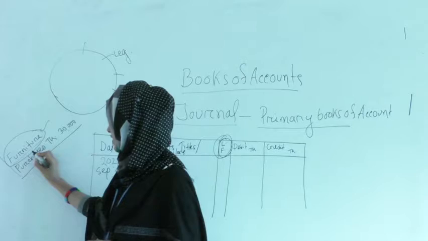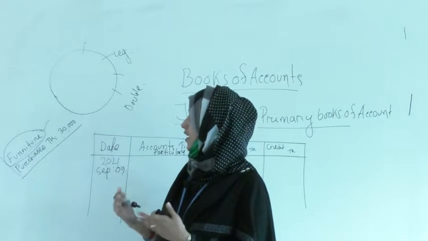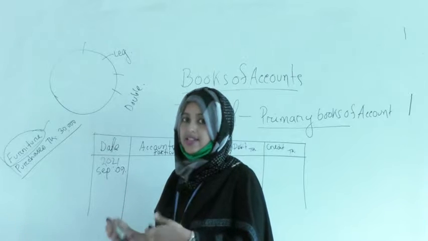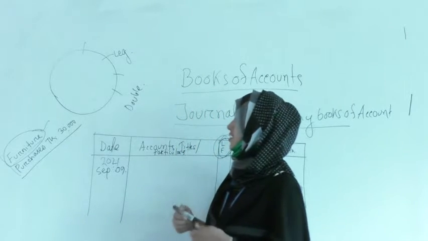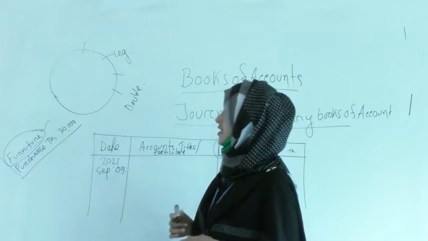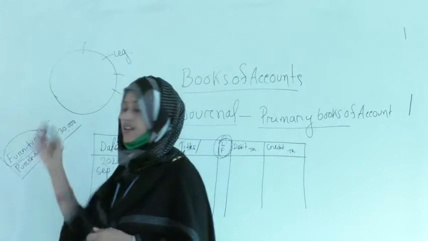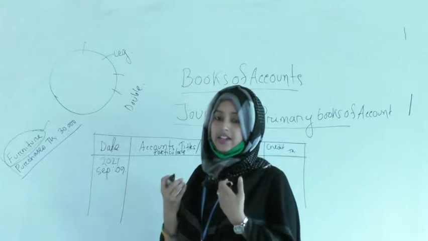So, when the furniture is purchased, the cash is gone from us. When an asset is given, the asset is decreased. And when the furniture is purchased, the asset is increased.